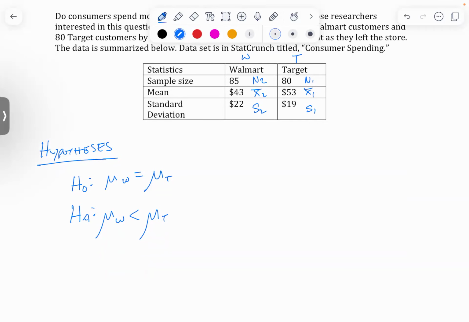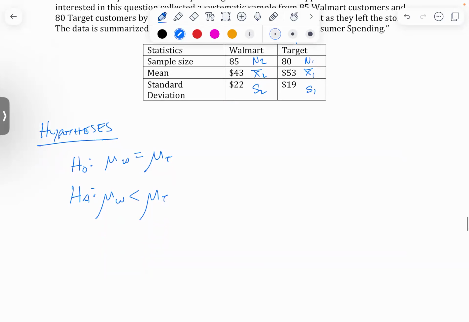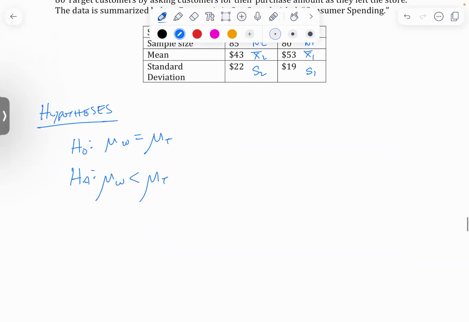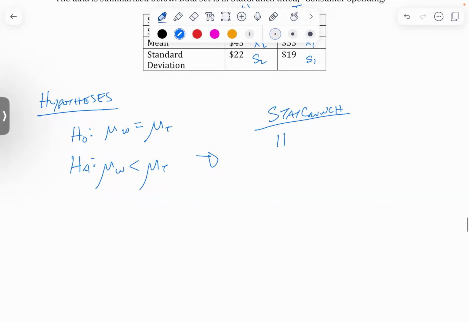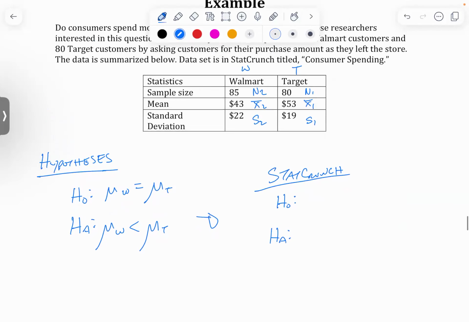If I could just get the output and I didn't need StatCrunch, I wouldn't bother proceeding past this. But because StatCrunch has a couple of steps, we are going to adjust. First of all, Walmart is 2, Target is 1. So wherever I had a W, I'm going to turn that into a 2.